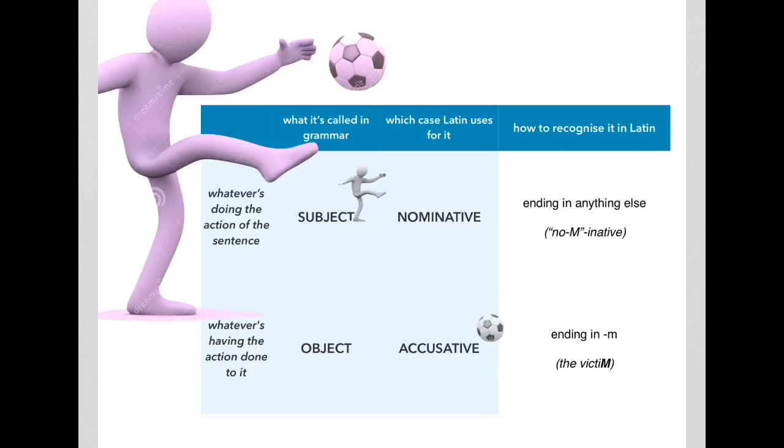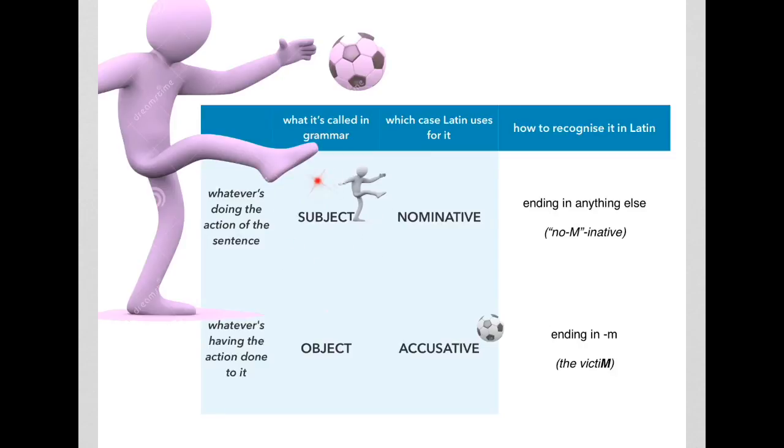And the two nouns in each of those sentences are very clearly differentiated in Latin. You've got the subject, which is whatever's doing it. So here the bloke is the subject, and the ball is the thing that's being kicked, having the action done to it, and that's the object. So you've got the subject-object distinction, really important in grammar, in English and other languages, Latin particularly.